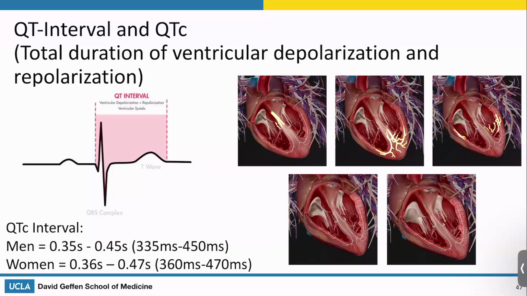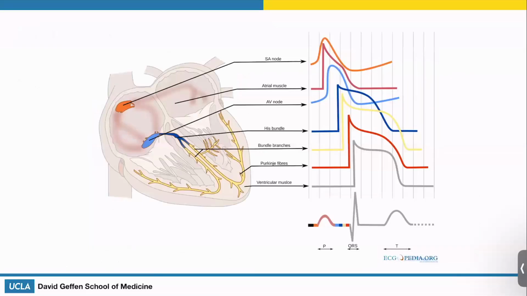Anything greater than 500 is concerning for a prolonged QT, and we have to be very cautious about any drugs that we give that could prolong that QT, which is a lot of drugs that even we carry. So we have to keep that in mind. Okay, and if it becomes more than 600, we really need to be cautious and not give anything that's going to be creating a prolonged QT with any of the drugs that we could potentially be giving.